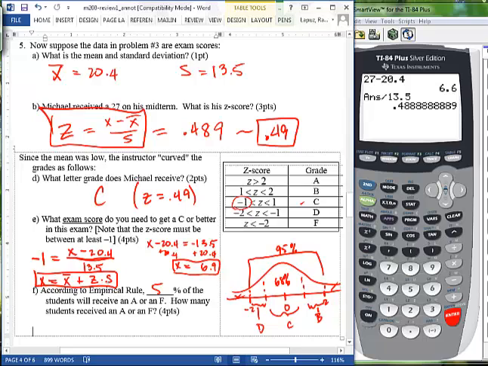We multiplied z times s, the z-score times the standard deviation. After that we added the mean. So let's do that so that it'll be a little bit quicker. So our x value for the boundary here at -2 would be your mean, 20.4, plus your z-score that you want, which is -2, times your standard deviation, which is 13.5.